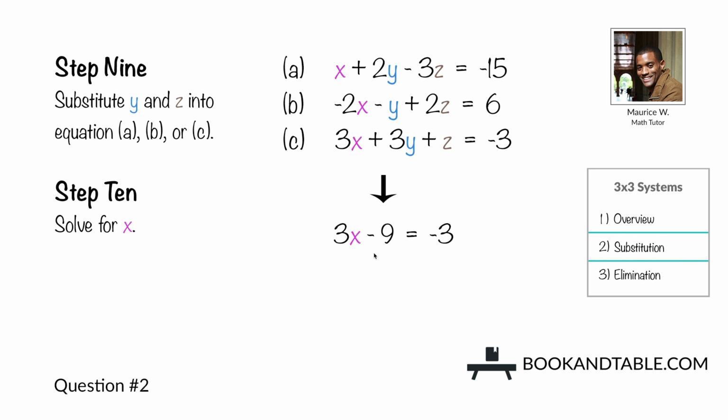And now we add 9 to both sides, giving us 3x is equal to -3 plus 9, which is +6. And now we divide both sides by 3, showing us x is equal to 6 divided by 3, which is +2. So the solution to this 3x3 system is the point where x is 2, y is -4, and z is +3.